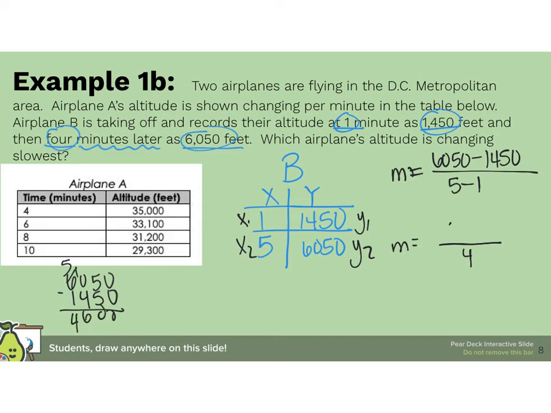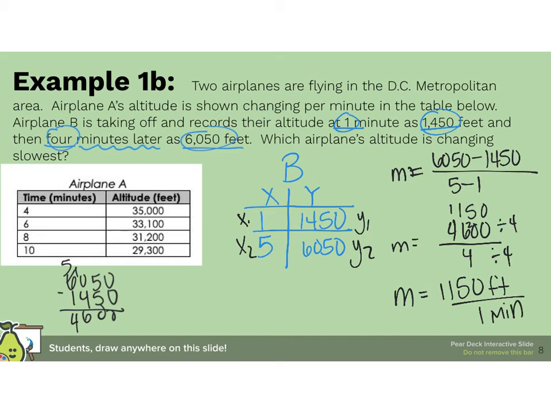I get 4,600 over 4. So I'm going to reduce both of these by 4. 4 goes into 4 once. 4 goes into 6 once. I have 2 left over. 4 goes into 25. So this one I get 1,150 feet per 1 minute.